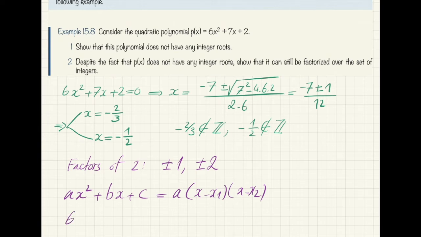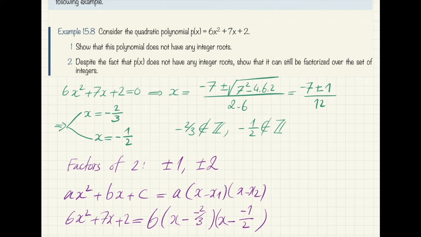So 6x squared plus 7x plus 2 is equal to, instead of a, I put 6, and then I have x minus x1, so it becomes x plus 2 over 3, and x plus 1 over 2. Yes, this is my x1, I put it here, and this is my x2, I put it here. But I can simplify that.